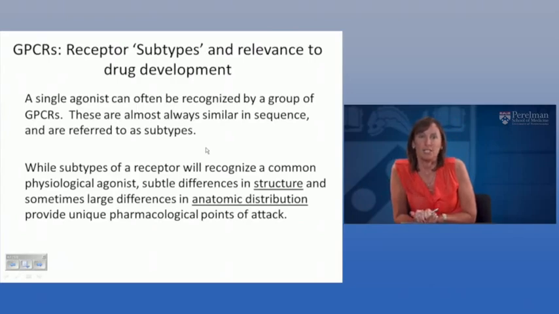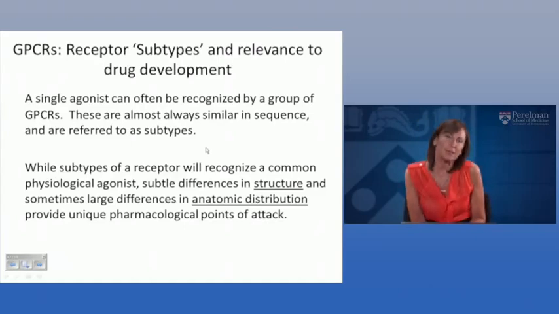I've mentioned the H1 receptor subtype, the beta-1 adrenergic receptor subtype, the thromboxane A2 receptor subtype, and the prostacyclin or PGI2 receptor subtype. Subtypes are incredibly important to appreciate.